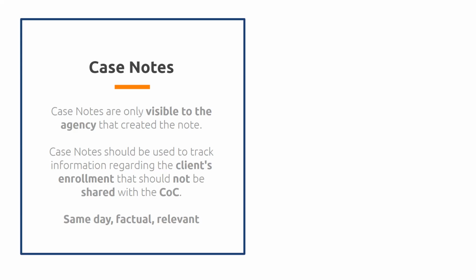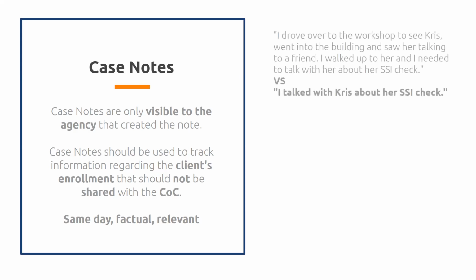So I'm going to give you some examples of what is good and bad. So instead of saying, I drove over to the workshop to see Chris, went over to the building, and then saw her talking to her friend, I walked up to her and I needed to talk to her about her SSI chat. Really, you can just say, I talked to Chris about her SSI chat.